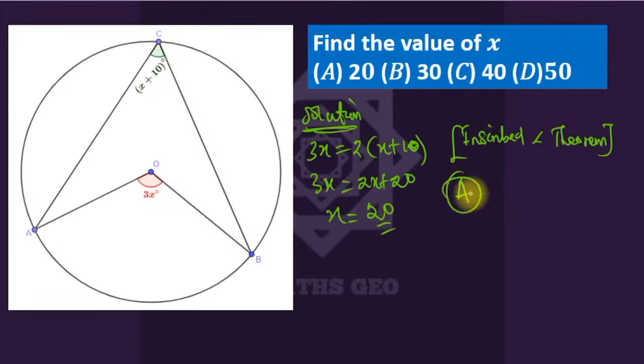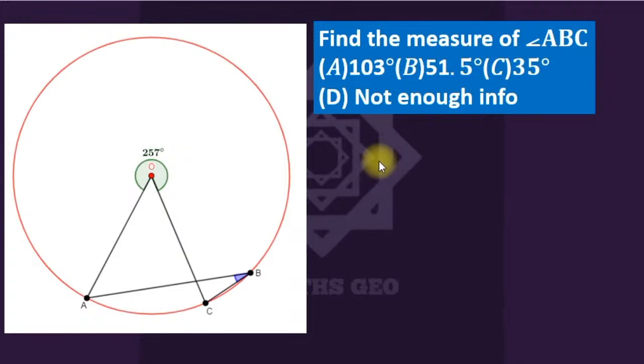We are asked to find the measure of angle ABC. Let's call it theta. You will notice that angle ABC is the inscribed angle, while this is the central angle. From here, 257, O, angle at a point is 360.